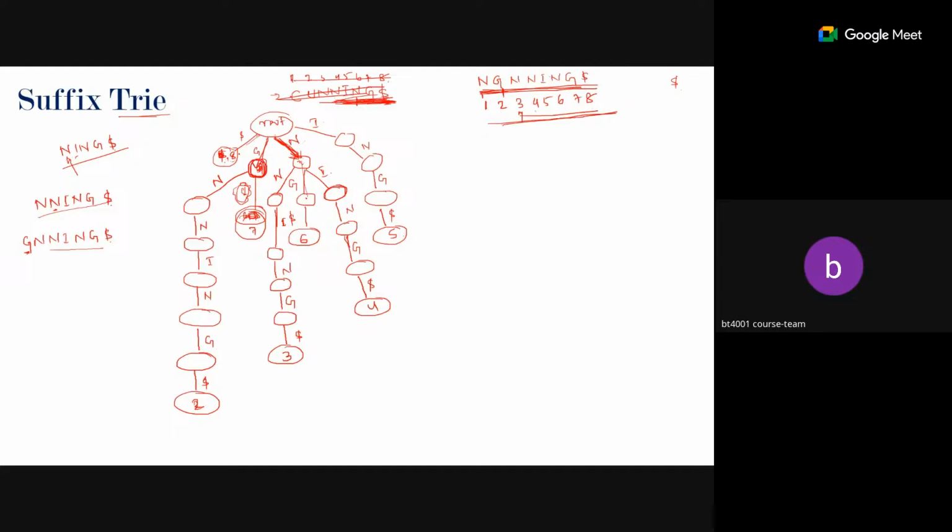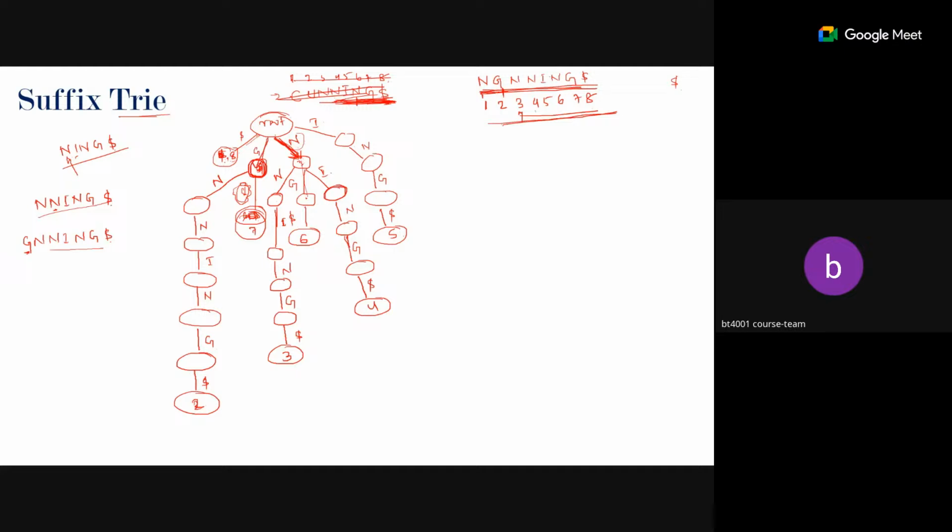We'll look for the character n among the edges from the root. We'll start from the root, and of course there is an edge for the character n. So we'll traverse this edge and we reach this particular node.